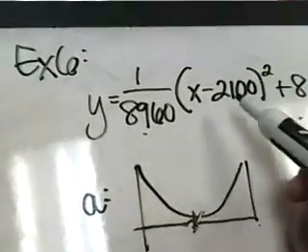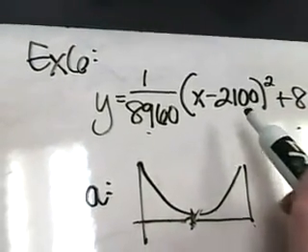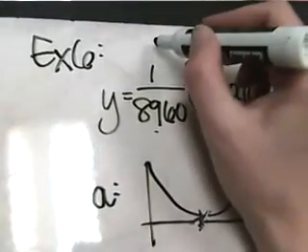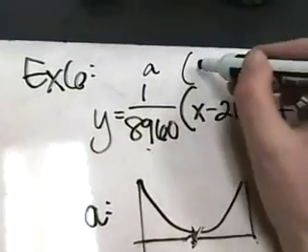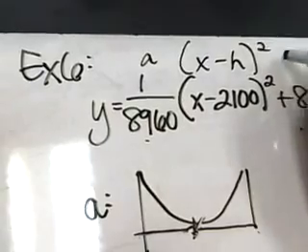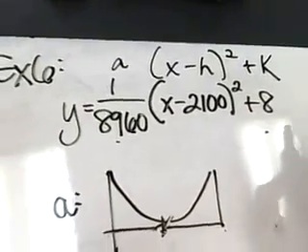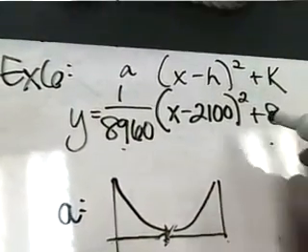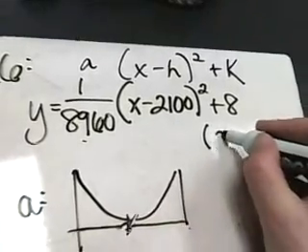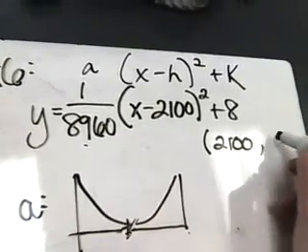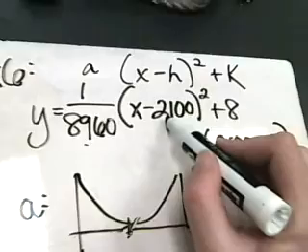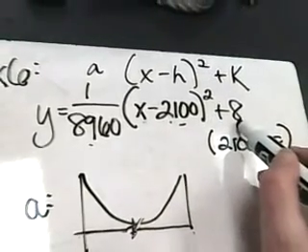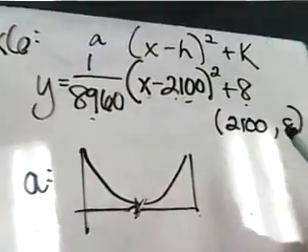Okay, so I know this is in vertex form because it is a quantity squared. All right, so if I think of this as a x minus h quantity squared plus k, I don't have to do near the work I had to on example 5. I can look at that problem and say, I know my vertex is 2100, 8, opposite of h and k. All right, so then let's think about what that means.